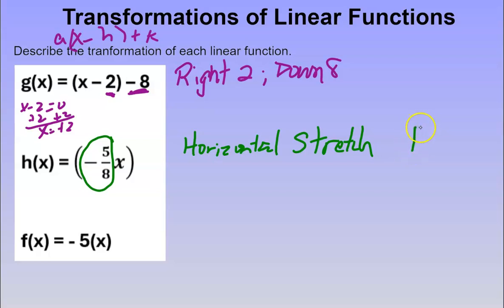It goes up 5 to the right 8. So this means I'm stretching it horizontally to get that long line. So that's a horizontal stretch.